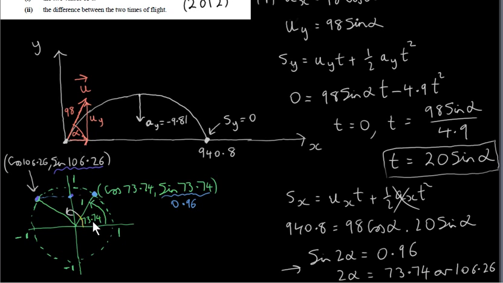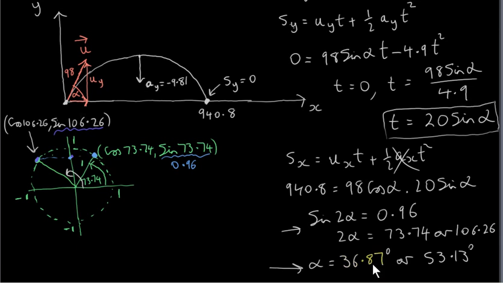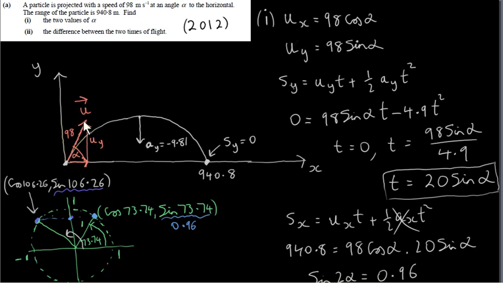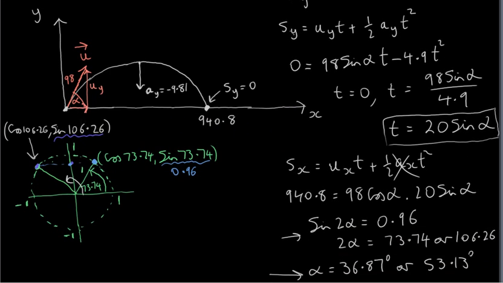It can either be 73.74 or it can be 106.26. So that means there are two values for the launch angle. We divide this by 2, we get 36.87. We divide the other angle by 2, we get 53.13 degrees. So we have found that for a launch speed of 98 meters per second, the two angles that give a range of 940.8 meters are 36.87 degrees or 53.13 degrees.